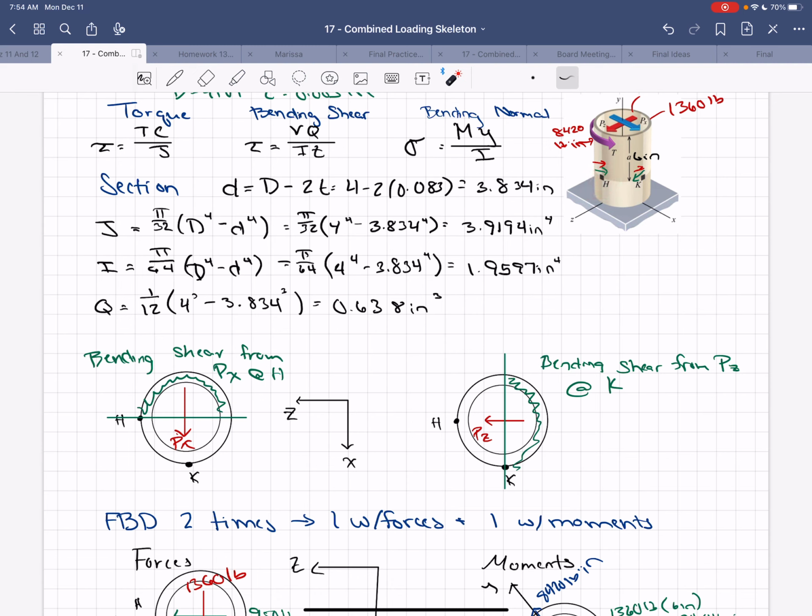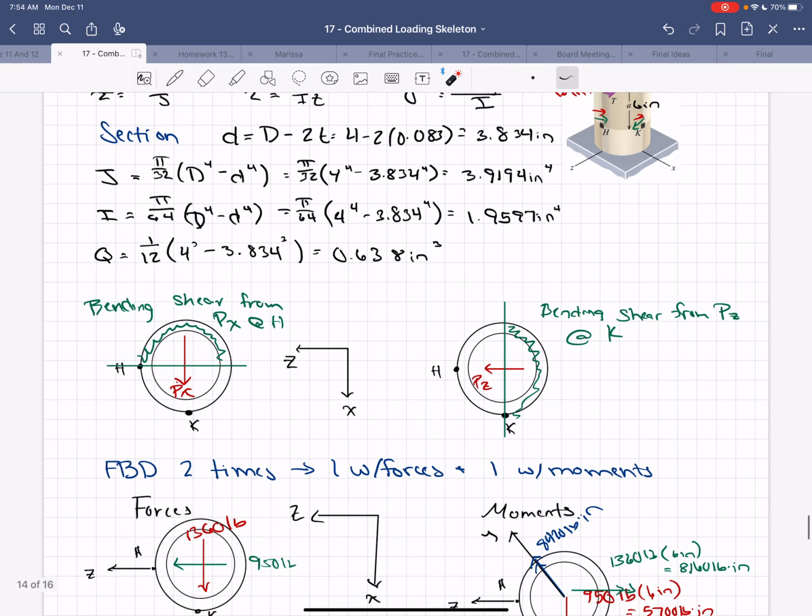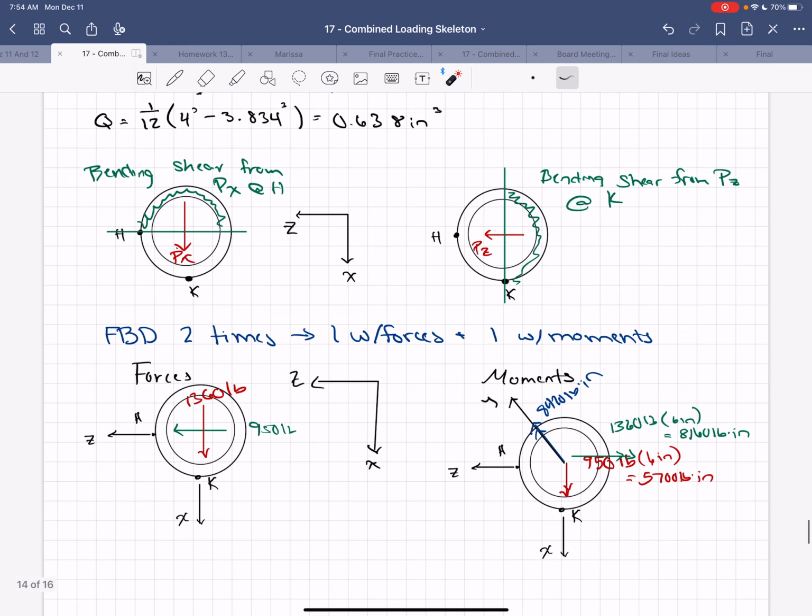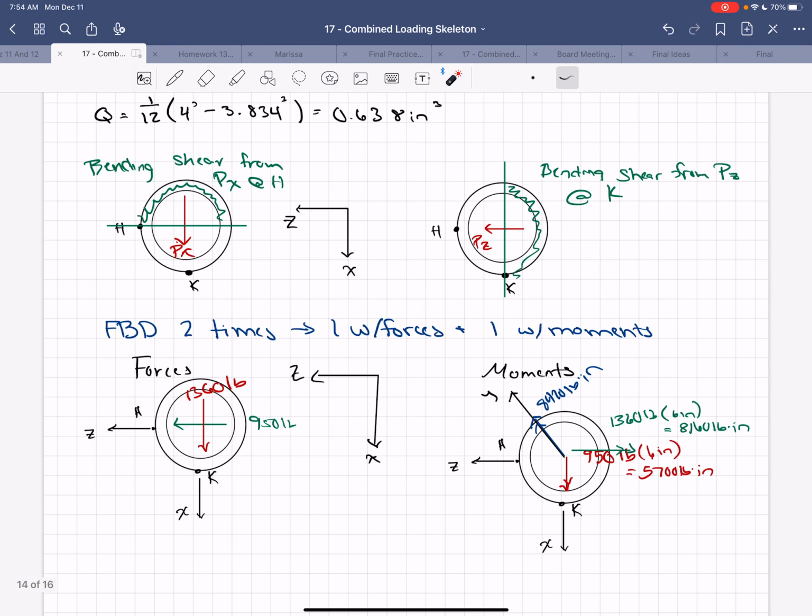So that would be PZ times 6, and our PZ is the 950, so that's going to be our MX, the red. Sorry, 5,700 pound-inches, MX, not MZ.